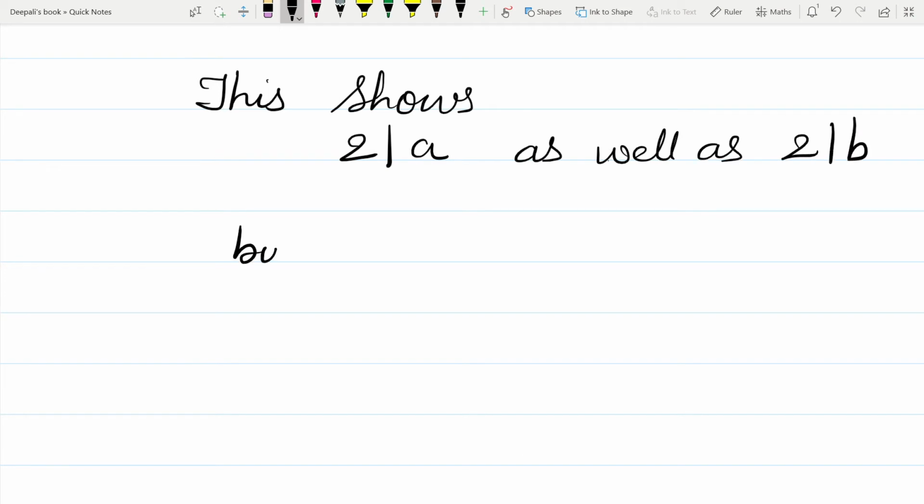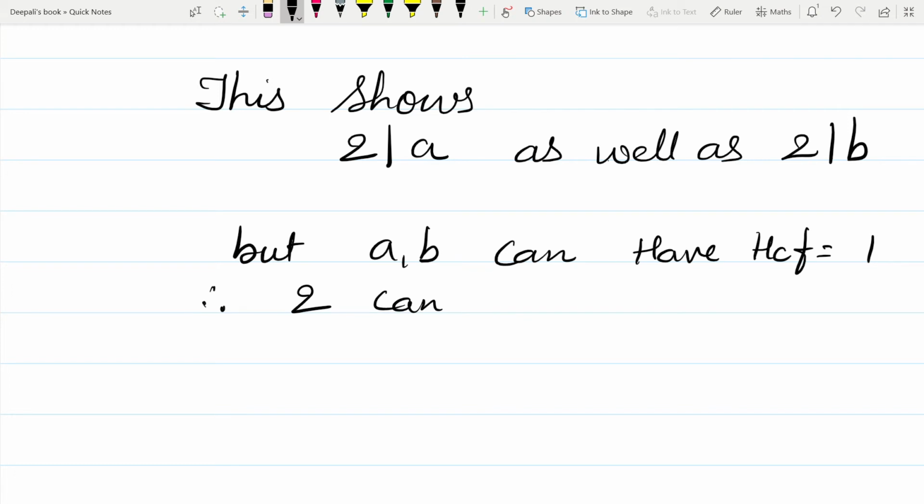But a and b can have HCF equal to 1. Therefore, 2 cannot be the factor of a and b.